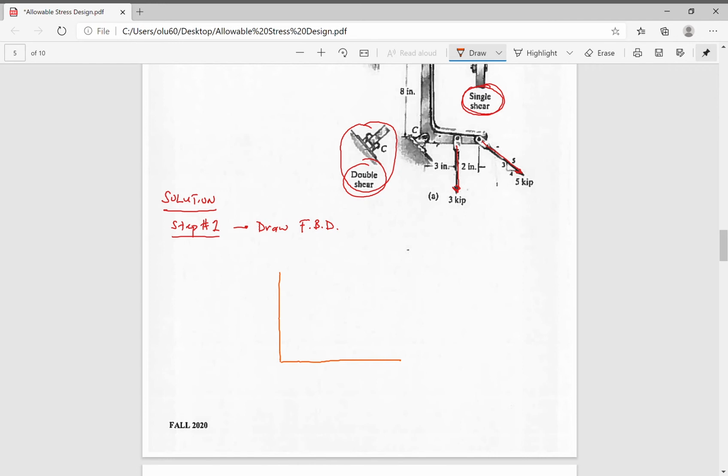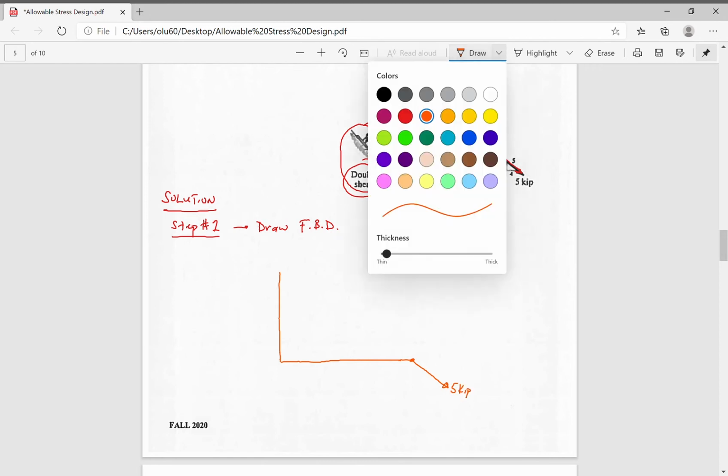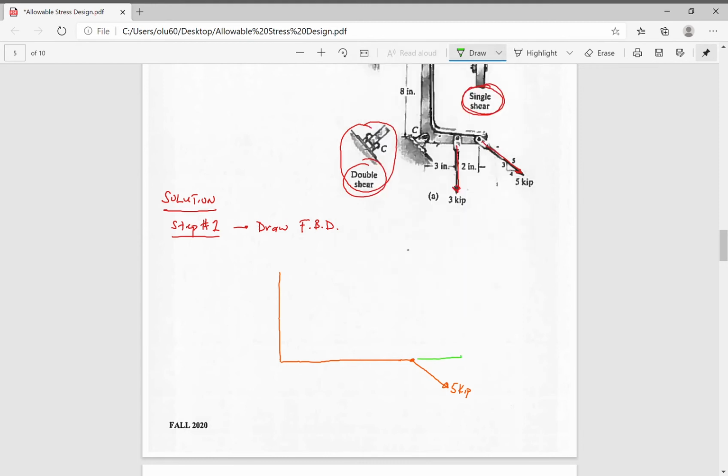Okay. So we know that we have a load here. This is 5 kips, but we know that it's going to have 4/5 and 3/5.